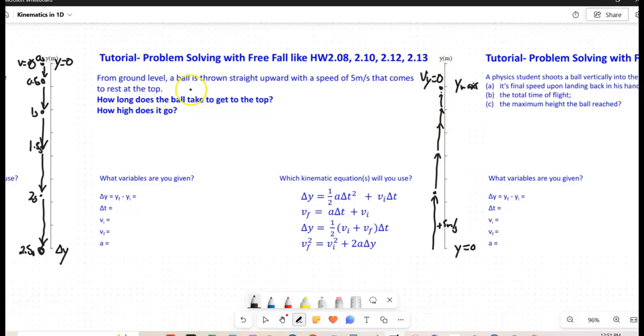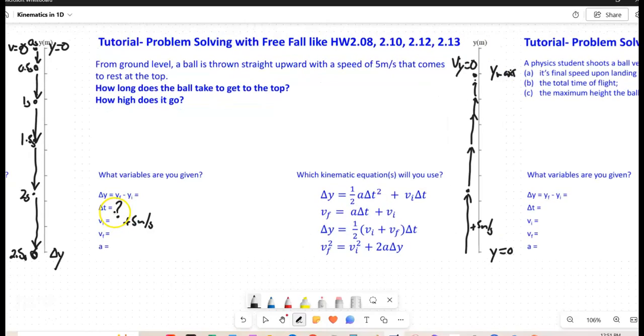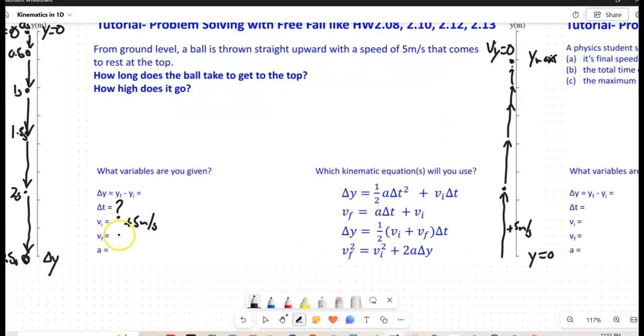We want to know how long does it take for the ball to reach that height, so in the y direction. We know it's got initial velocity in the y direction as upwards as positive 5 meters per second. Its velocity in the y direction, its final velocity when it reaches that maximum height, is equal to 0.